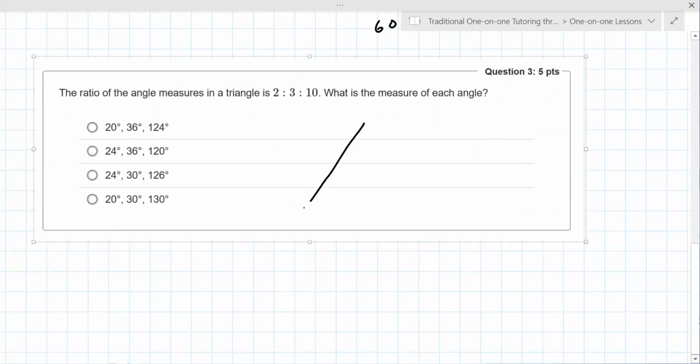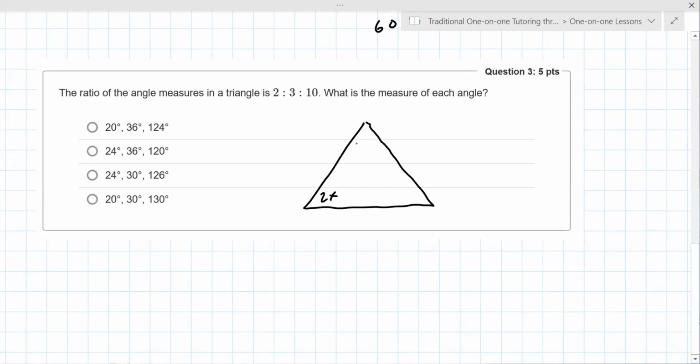Okay, so in a triangle, you've got 2x, 3x, and 10x. What do the angles have to add up to in a triangle? They have to add up to 180. So I'd like you to solve this equation for x, but that's not the answer. That's x, and then you have to put it back into these. Okay.